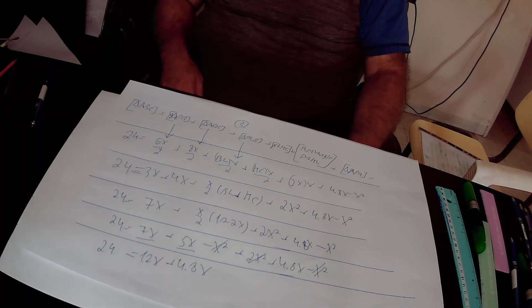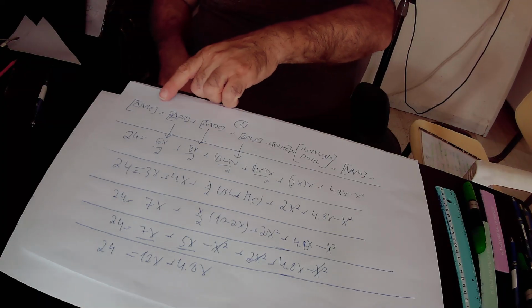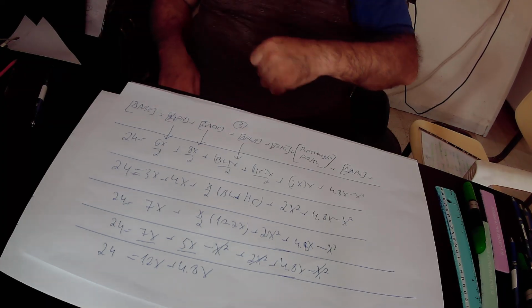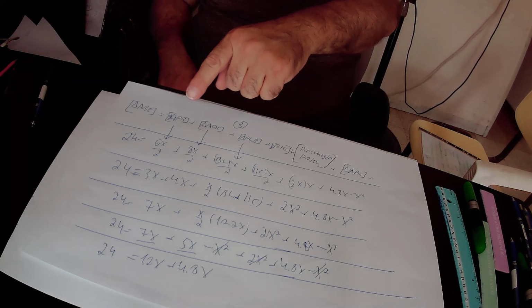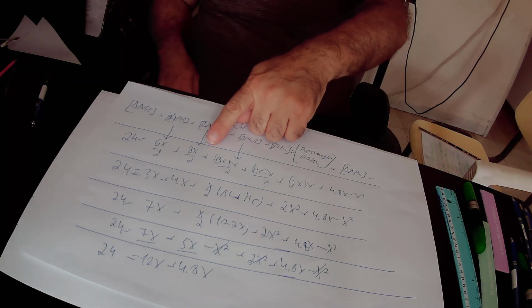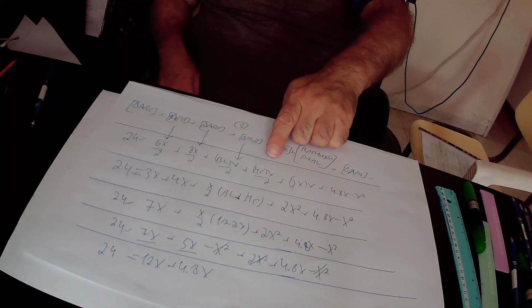So in the next step, we simplify this long equation. First of all, the area of triangle ABC is 24. And we have 6x over 2 is 3x, 8x over 2 is 4x, and here we have BL plus KC over 2.